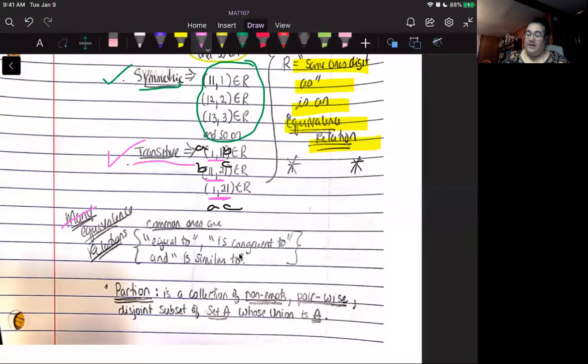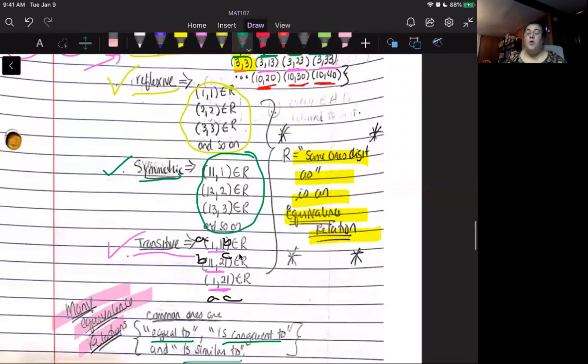I highlighted it here for you. Common ones are relations like is equal to, is congruent to, or is similar to. Those almost always end up giving you what's called an equivalence relation. In other words, those relations will fulfill all three of these properties.